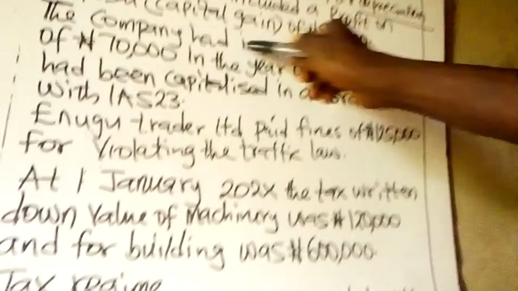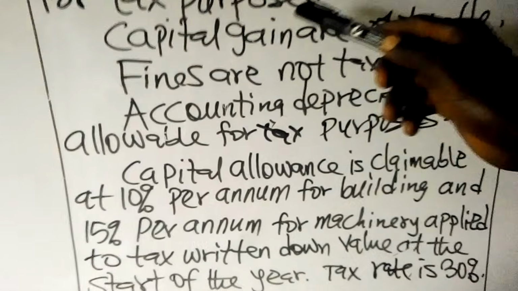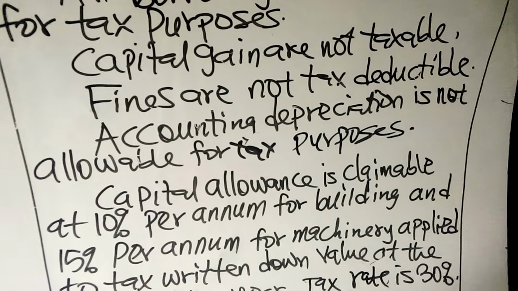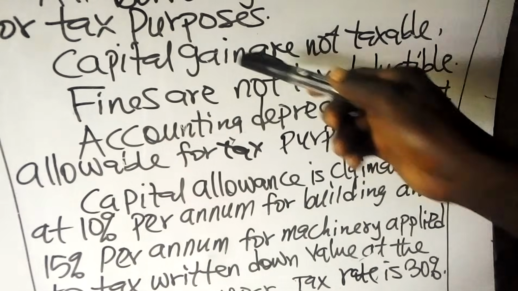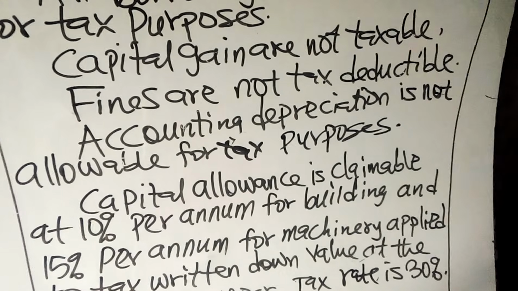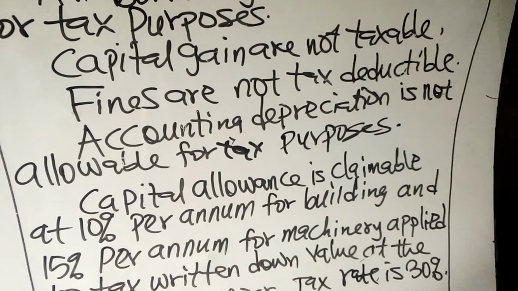Even if this information were not there, we should know that income or expenses allowable for tax purposes are those that are wholly, reasonably, exclusively, and necessarily generated or incurred for the purpose of the revenue or trade or business.